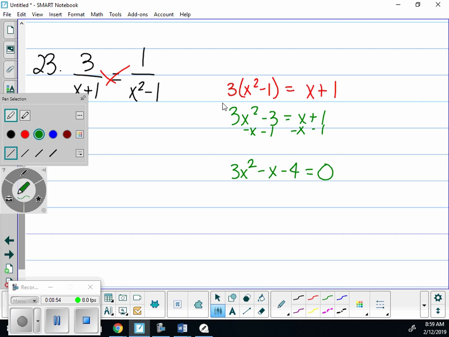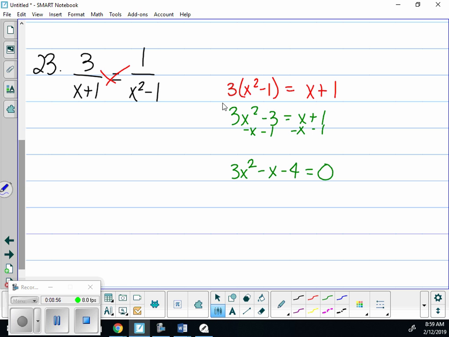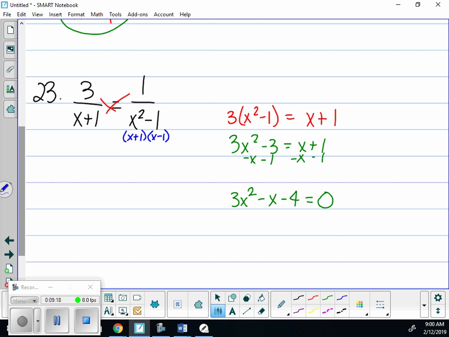The other option, x squared minus 1 will factor into x plus 1, x minus 1. So our common denominator between the two fractions will be x plus 1, x minus 1. So my other option is to just multiply both sides by x plus 1, x minus 1.